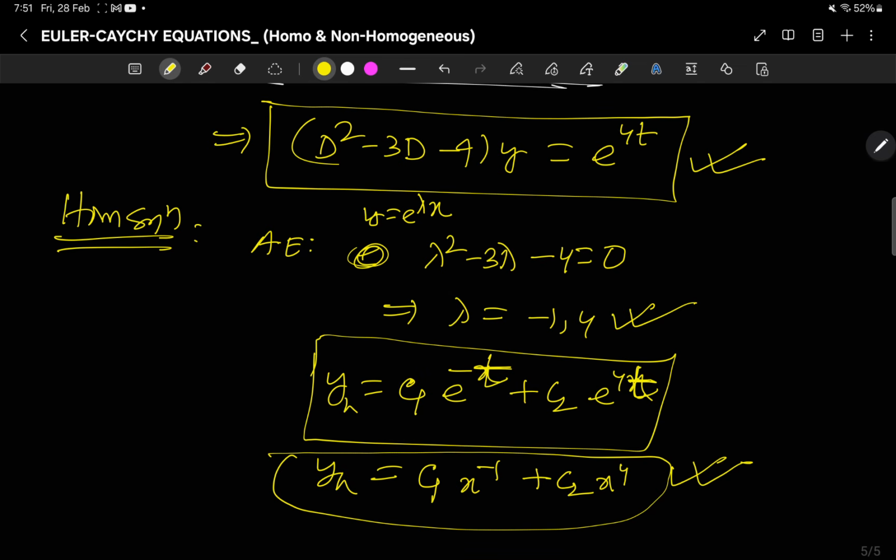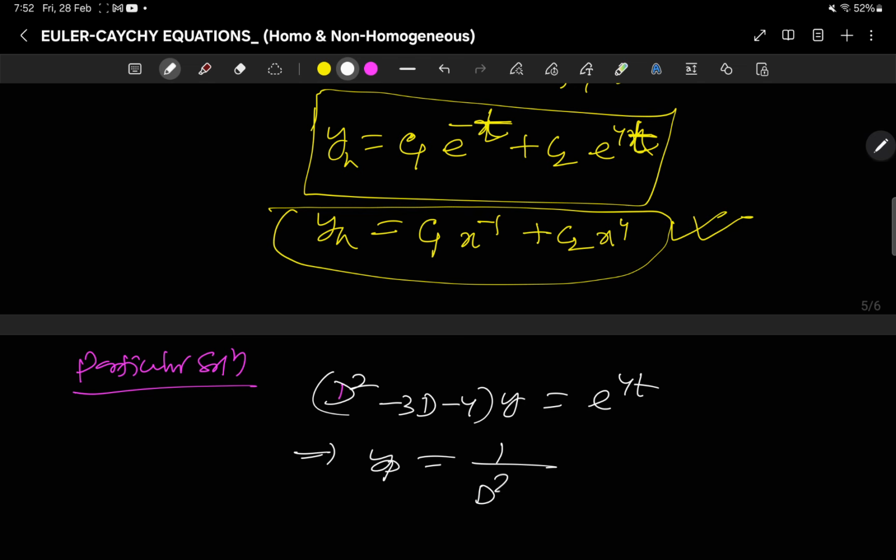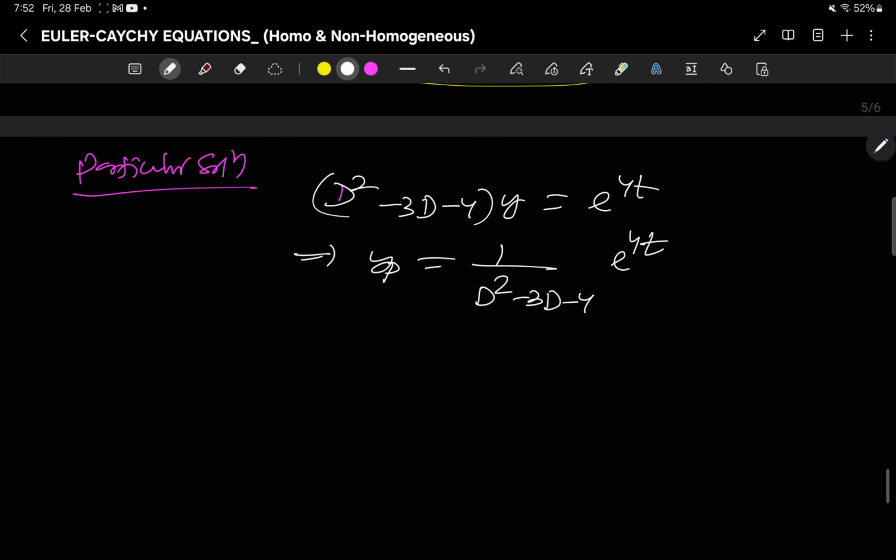Now for the particular solution we have D square minus 3D minus 4 y is e to the power 4t. So that means y particular will be 1 by D square minus 3D minus 4 times e to the power 4t. What we have to do is replace D by 4, provided the denominator is not equal to 0.